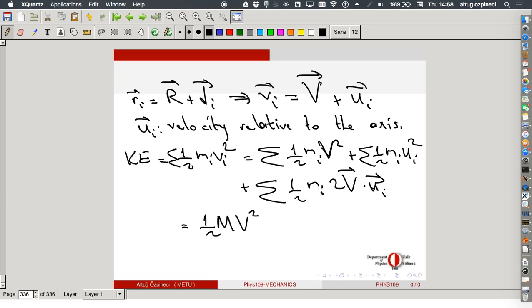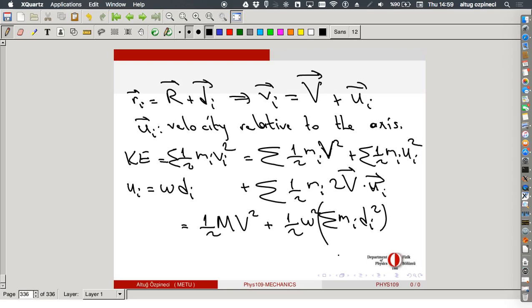So ui is in fact omega times di, this di being the distance from the rotation axis. So plus 1 over 2 omega squared mi di squared.